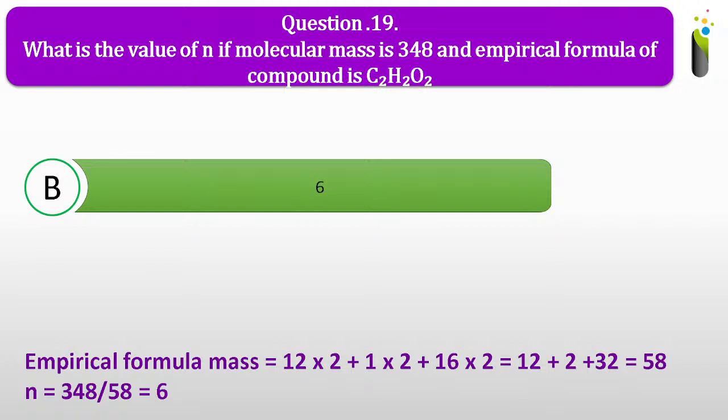So 12 into 2 for carbon, 1 into 2 for hydrogen, 16 into 2 for oxygen. So that becomes 58. 12 plus 2 plus 32. So N is equal to 348 by 58. That is equal to 6.